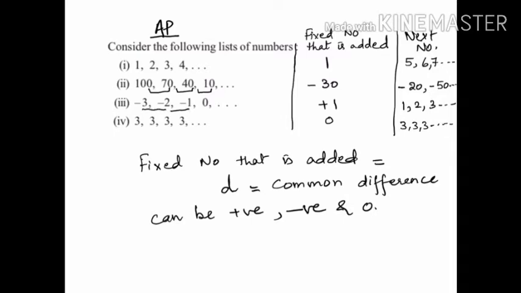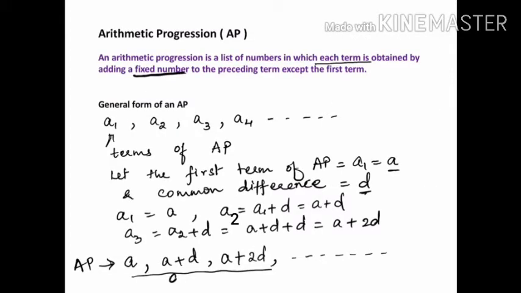For example, 70 minus 100 is minus 30, 40 minus 70 is minus 30, and 10 minus 40 is also minus 30. That is, A2 minus A1 should be the same as A3 minus A2, should be the same as A4 minus A3. That is the common difference.